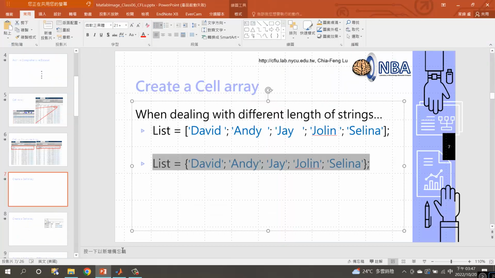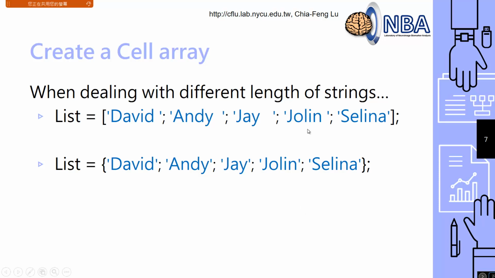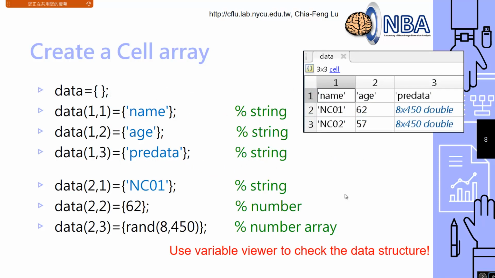So this is a very quick example showing you that you can simply use the curly brackets to declare or to create a cell array.